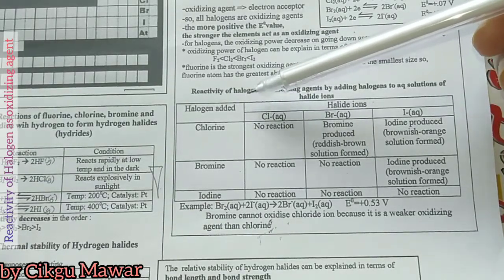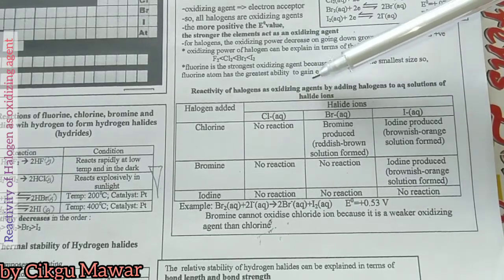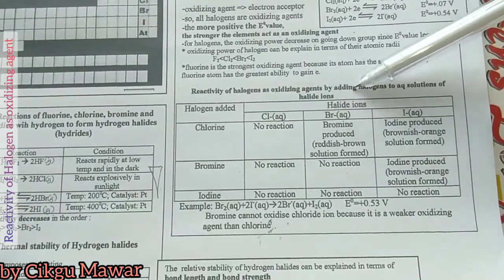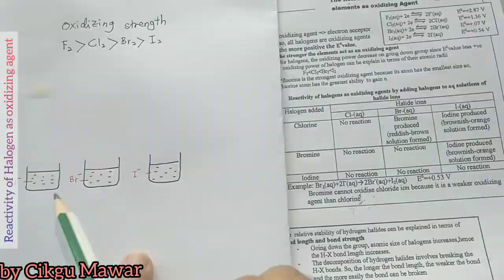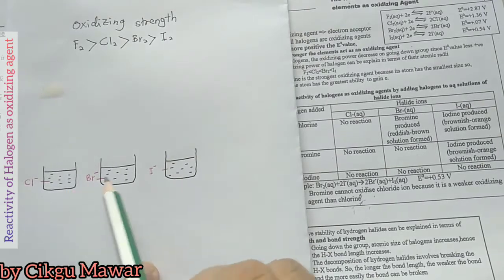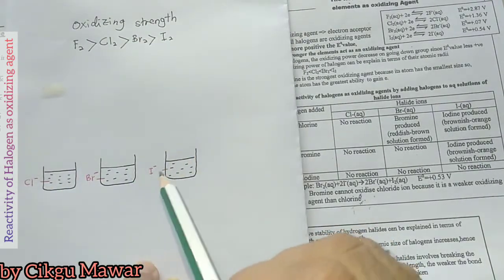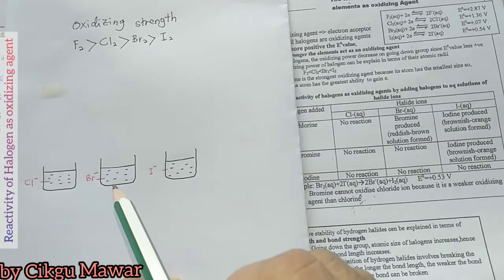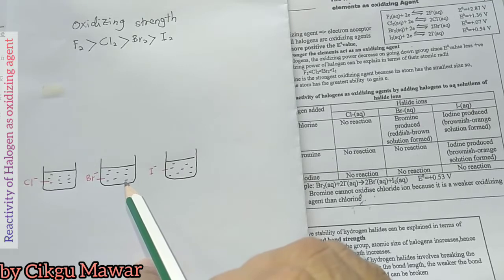The reactivity of halogens as oxidizing agents, by adding halogens to aqueous solutions of halide ions. Let's say we have three aqueous solutions: chloride ion, bromide ion, and iodide ion. For this question we cannot use fluoride ion because fluorine is extremely reactive.